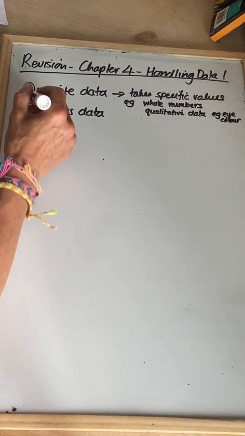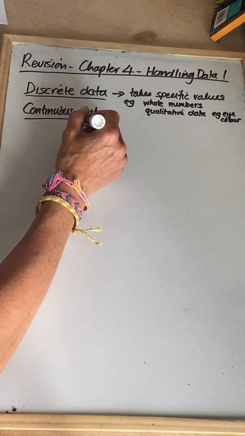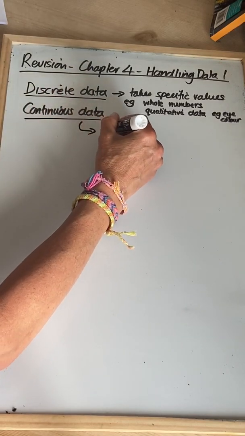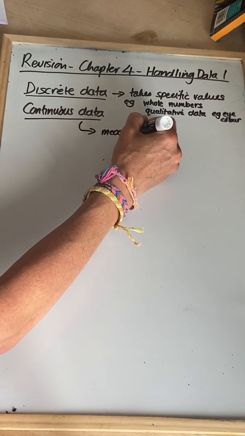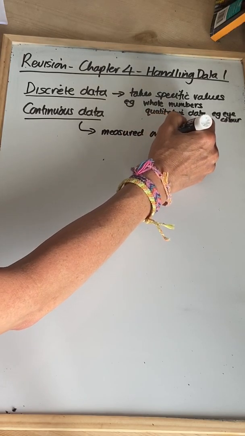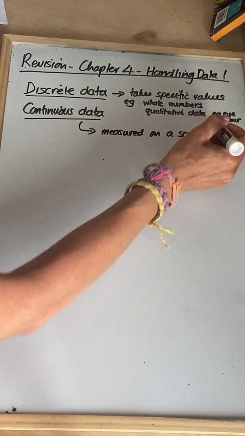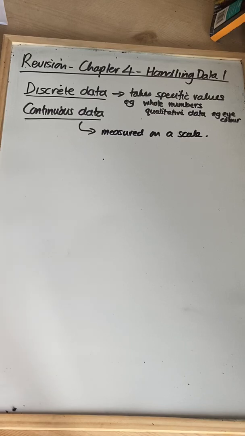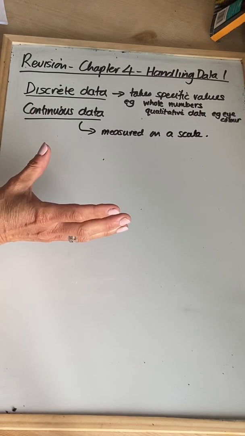Continuous data is the other type. And continuous data, I like to think of as can be measured on a scale. So if I was to ask you how tall you are, you could tell me that you're 1.62 m, 1.63 m, 1.64 m, 1.65 m, and you probably could be even more precise than that.